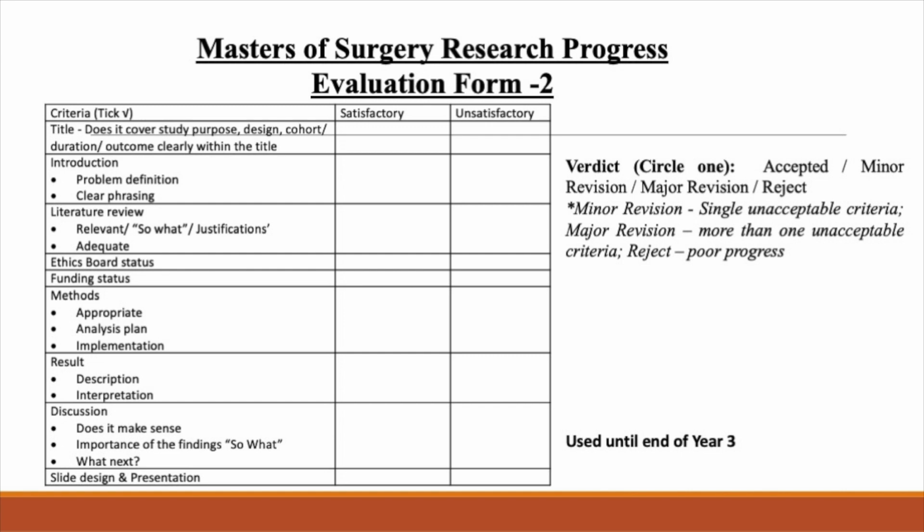Again, they could be rejected at this stage if they show poor progress, and rejection here is more that they will be given an extension if they feel that their data collection is going poorly, or if they are showing that they may not be extended for their analysis plan.